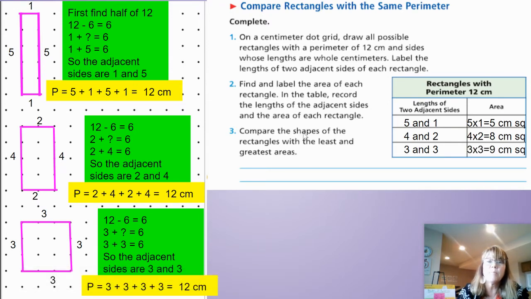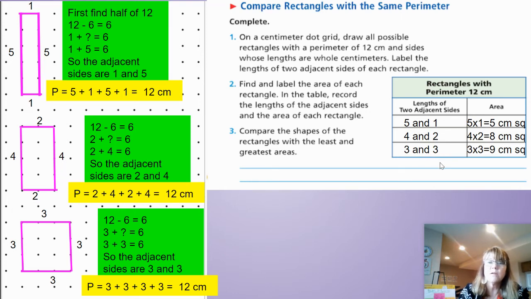Now they want us to compare the shape of the rectangles with the least and the greatest area. So the least area is 5 centimeters squared, and their adjacent sides are the furthest apart. The greatest area is 9, and theirs happen to be the same length, or the closest together.